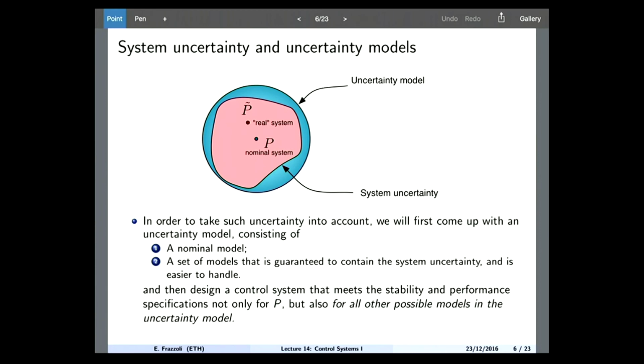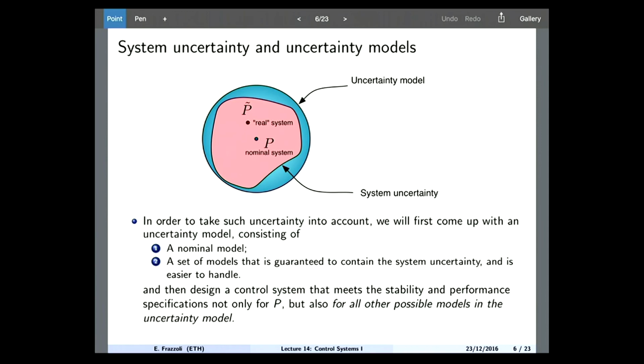So then what I will do is I will design my control system in such a way that not only does it work with my nominal model, but it works for all possible other models that are within this uncertainty bound, okay? And that's why you want to have, for example, the phase margin, right? So the phase margin is one possible representation of uncertainty.